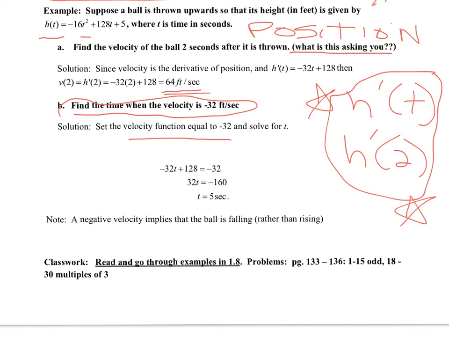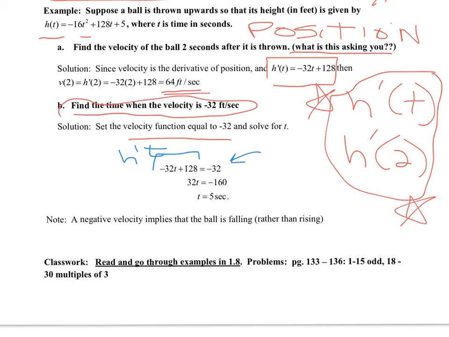So what do we know velocity is? Velocity is right here, negative 32t plus 128. So to answer the second question, you're going to set your h prime of t equal to negative 32 and solve for t.